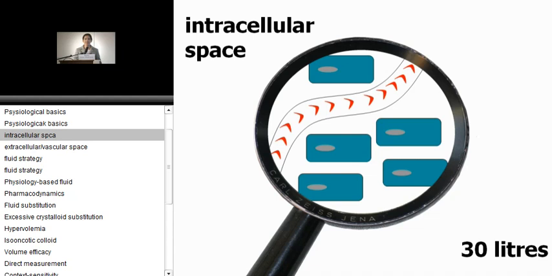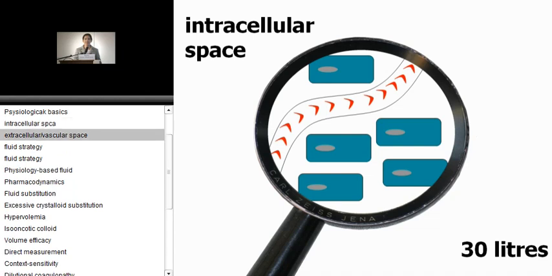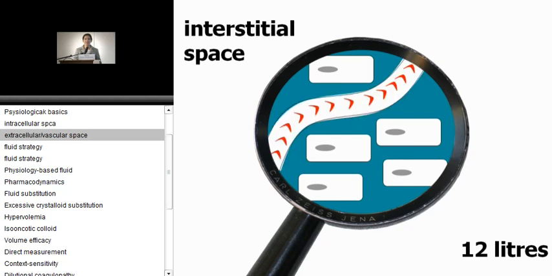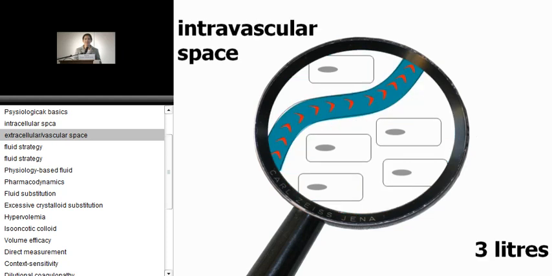But in the intracellular space, 30 liters are dissolved, and it is marked here with that green area. In the extracellular compartment, about 15 liters could be found, and this compartment can be further divided into the interstitial space and the intravascular space, roughly 3 liters.